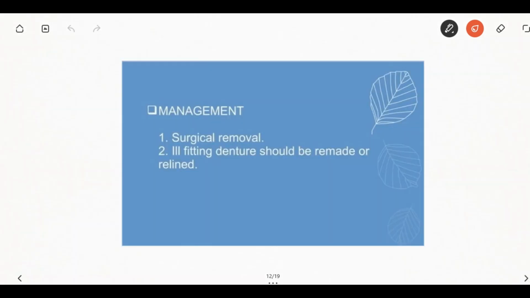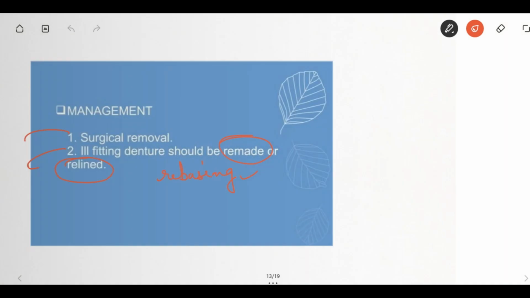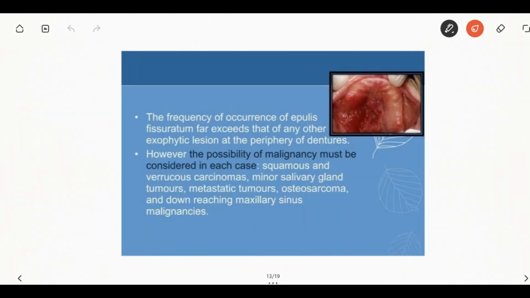It should be surgically excised, and either a new denture shall be constructed or rebasing of the old denture shall be the treatment choice. If the denture is replaced or repaired, we will see that the lesion will not recur.